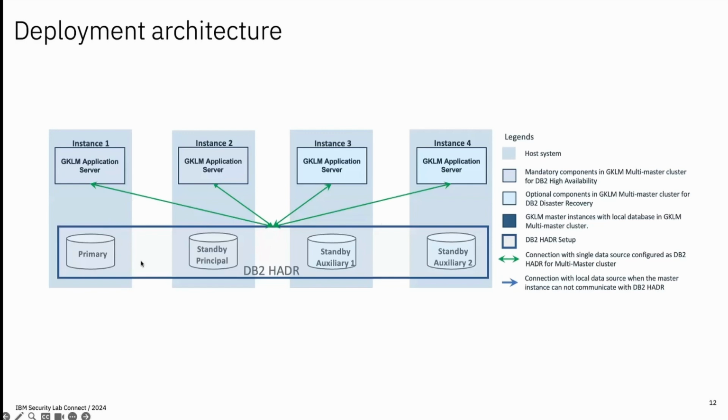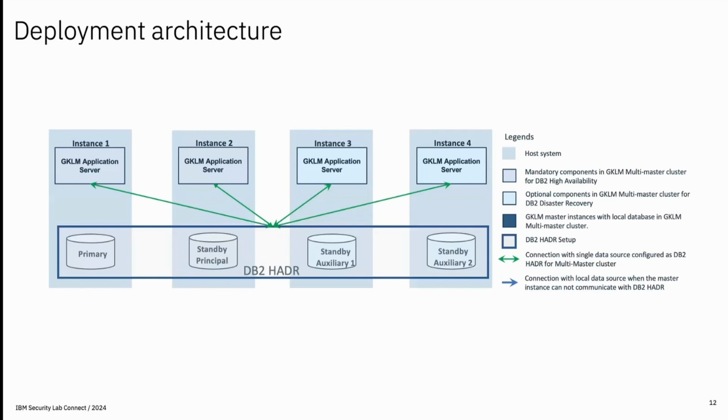HADR supports multiple standby databases in your GKLM multi-master setup. You can have one principal standby and up to 2 auxiliary standbys. DB2 high availability disaster recovery configuration is used to provide continuous data availability to all the master servers in a multi-master cluster.